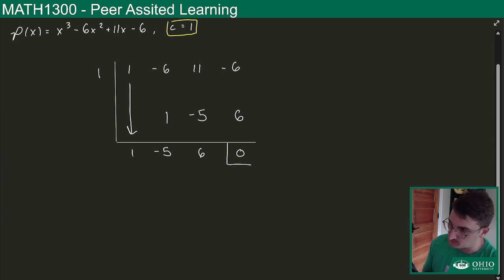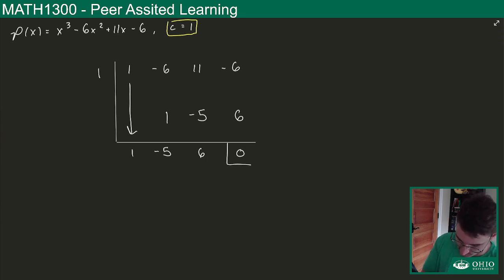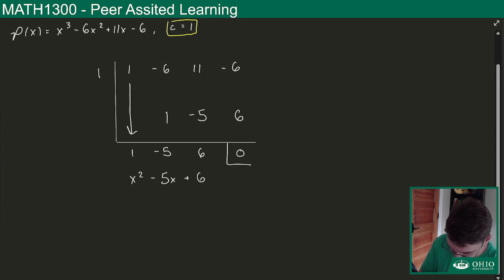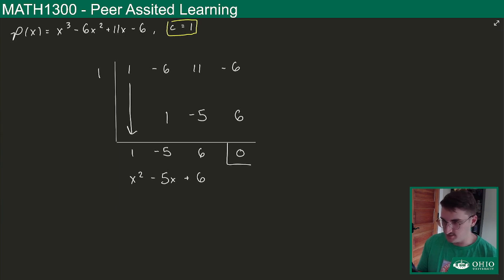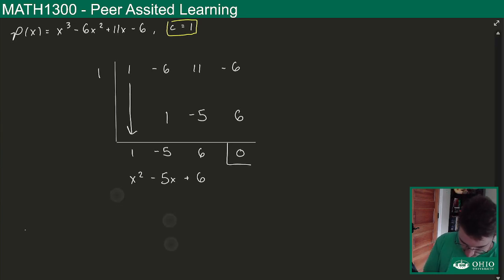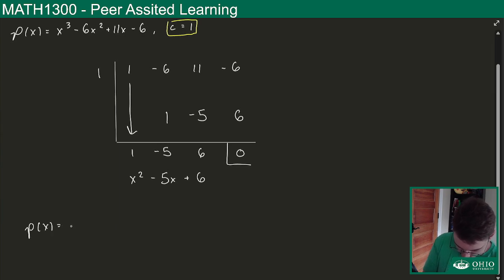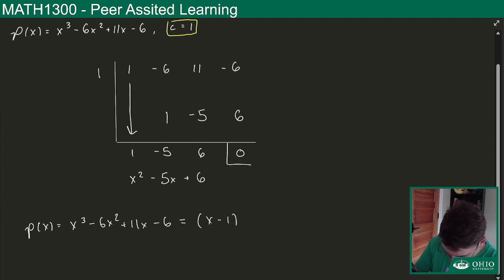And so let's briefly interpret the remaining polynomial. So this would become x squared minus 5x plus 6. Now, before I continue with this, let's write out our polynomial in that form of p(x) equals d(x) q(x) plus r(x), just to see what situation we have, right? So we have that p(x), which is our original polynomial, is equal to the x minus 1 times our resulting polynomial.